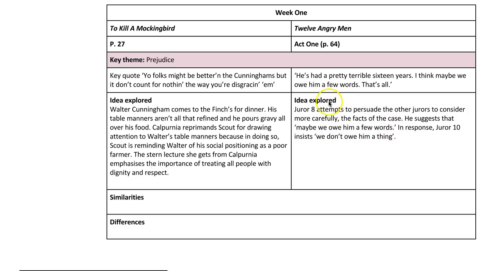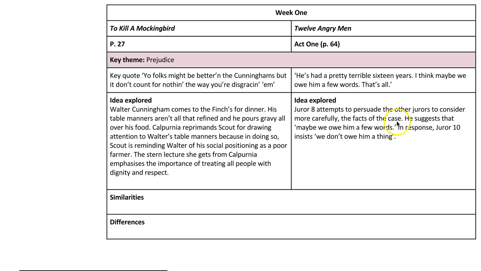You might say that Juror 8 values all life and believes that regardless of the defendant's ethnicity, he too deserves a fair and timely deliberation. So it doesn't need to be rushed, but he should be given a sufficient amount of time for them to deliberate over the information they've received, and to really consider whether the best case was put forward.